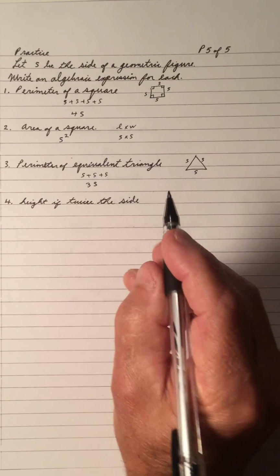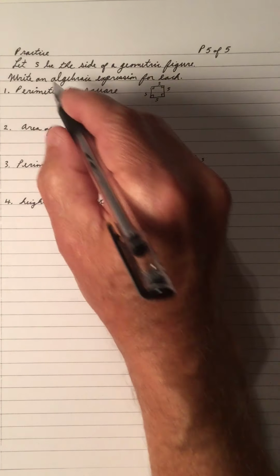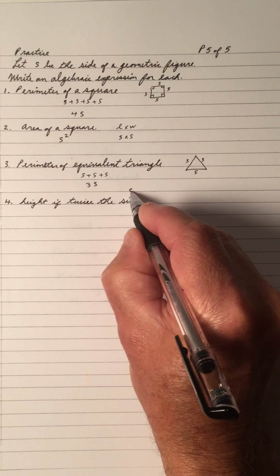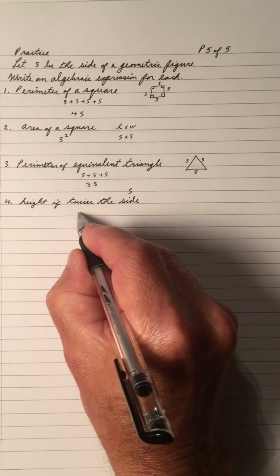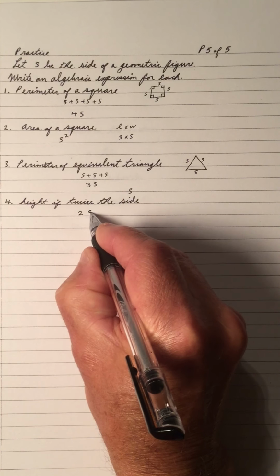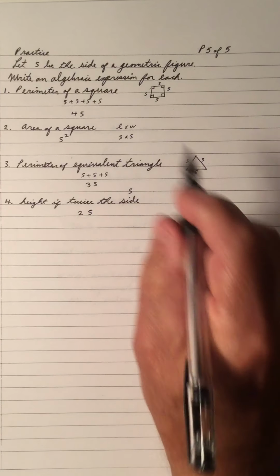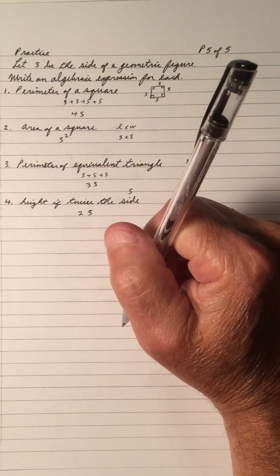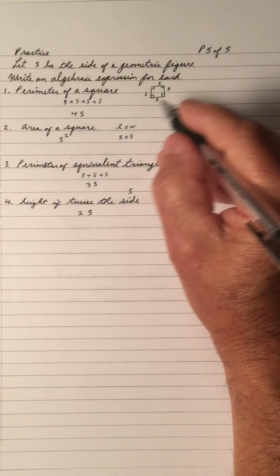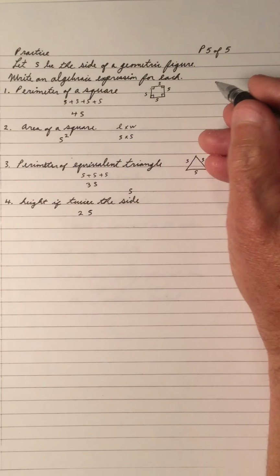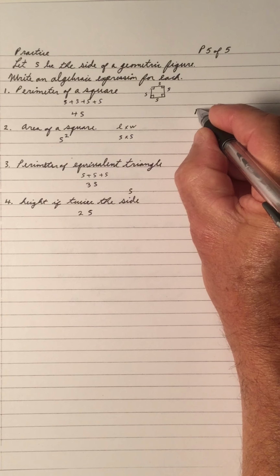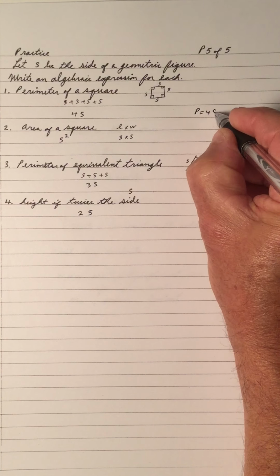The height is twice the side. So again, the side is S, so we put S for side. So the height is twice the side. So the height is 2S. Notice that these are algebraic expressions. If you relate it back, you can also relate it to writing an equation like P equals 4S.